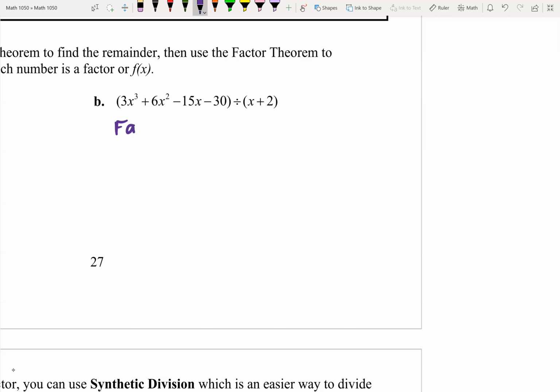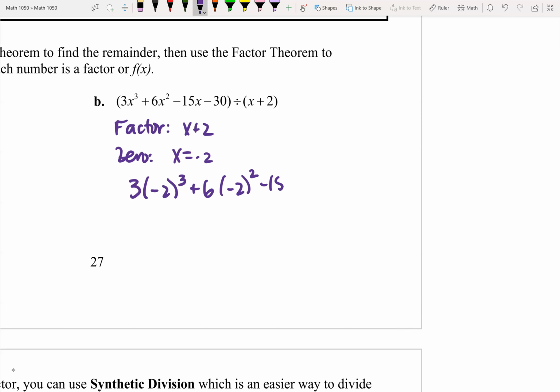Okay, write down the word factor and put in x plus 2. Then put the word 0, and it would be x equals -2. You don't have to do that when you do this problem. I'm just trying to reinforce what's a factor and what's a 0. So everybody go 3, -2 in parentheses to the third, plus 6 in parentheses, -2 squared, minus 15 times -2, minus 30.